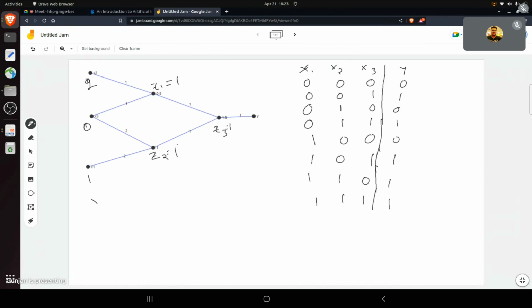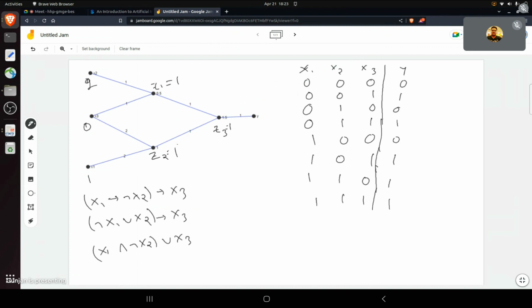So x1 implies not x2 implies x3. So what will be the final expression for this? It will be not of x1 or x2 implies x3, and that will be x1 and not of x2 or x3.